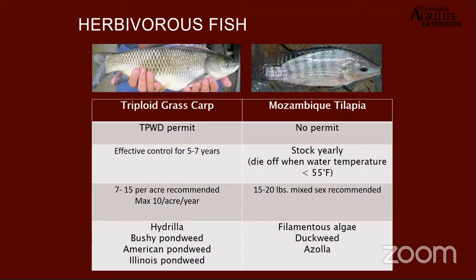Usually a lot of the offspring are the ones that feed off of that filamentous algae, and so sometimes they're incorporated into an integrated pest management plan, which we'll talk about in a second. They are not a control option if there is a large bass population due to predation.